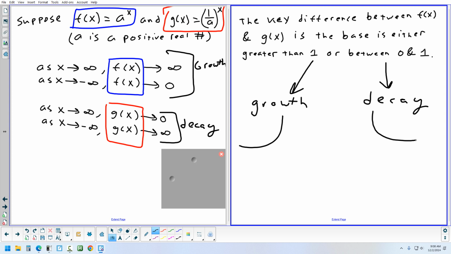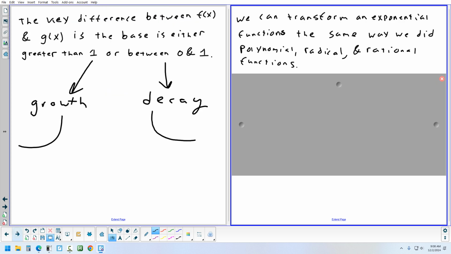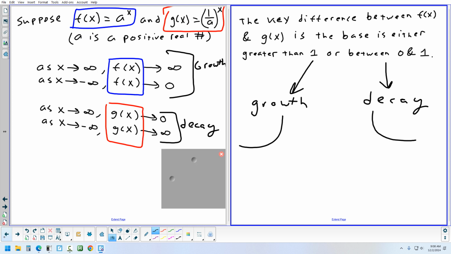The sharpness of the curve is controlled by how big or small the base is. Okay, so any question on that? All right, so that's a little bit of background about exponentials.